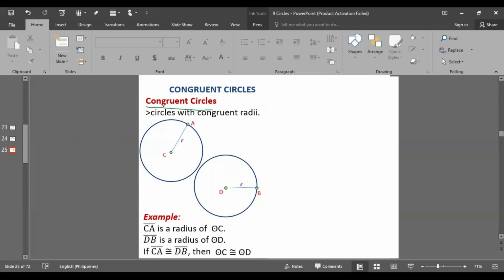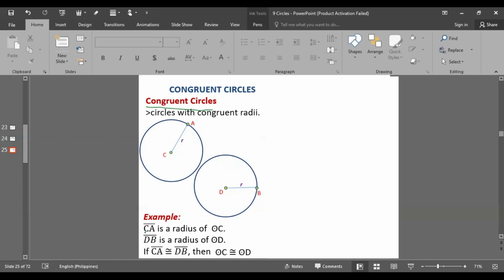So in this lesson video, we will be discussing theorems on circles. Okay, first, what are congruent circles? These are circles with congruent radii. So it means that the radius of both circles have the same measurement or length.